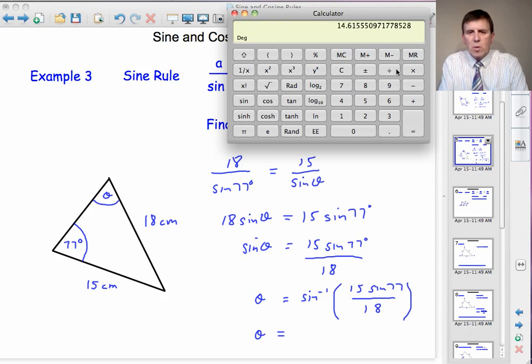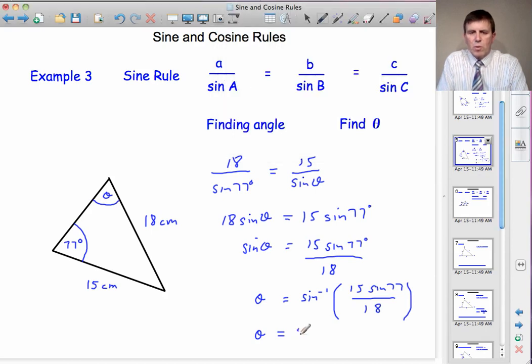Equals, so I've worked out the top, divide by 18. I've now got this whole expression is 0.8119, and I want sine to the minus 1 of that. And on this calculator I press the up arrow to get the sine to the minus 1 function, and the answer is, to one decimal place for angles, 54.3 degrees.